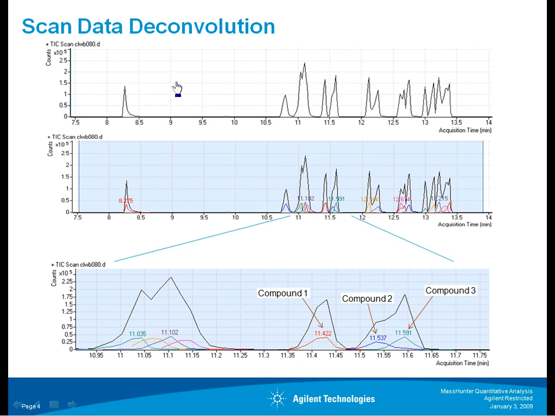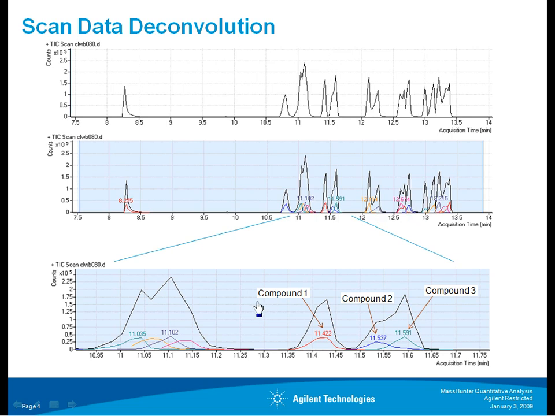Here is an illustration of a deconvoluted chromatogram. I've got the TIC, the total ion chromatogram, at the top, and next I'm showing you what it would look like deconvoluted. So you'll see that there's colored peaks which are showing the ions that group together in this model peak shape.